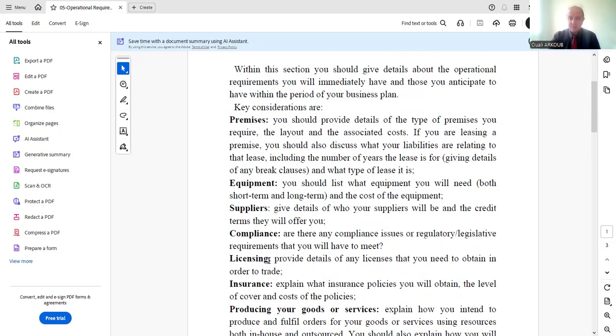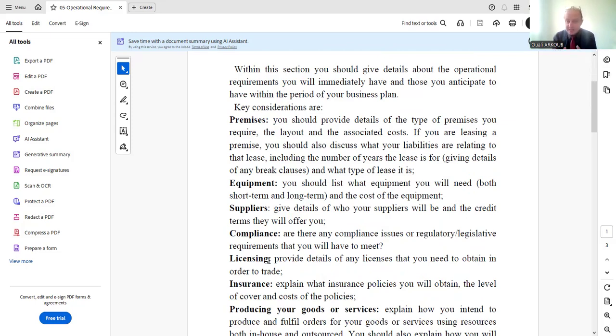Compliance. The fourth element is compliance. Are there any compliance issues or regulatory legislative requirements that you will have to meet? The fifth element is licensing.